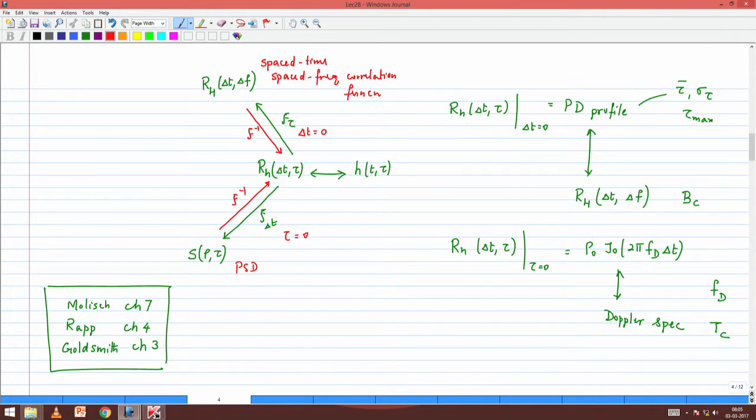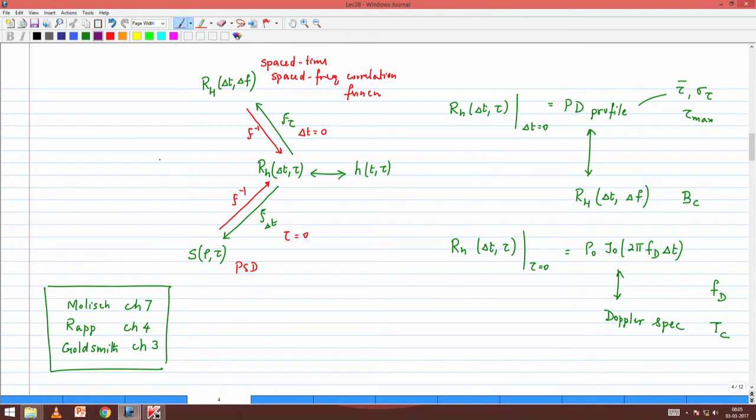And maybe there is an interesting question: there are two variables. On one side you took the Fourier transform of one, on the other you took the Fourier transform of the other. Now, what if you took the other dimension's Fourier transform, the second 2D Fourier transform? It turns out that yes, you can do that. So basically, in this case, I have taken it with respect to tau, then I have to take the Fourier transform with respect to delta t.